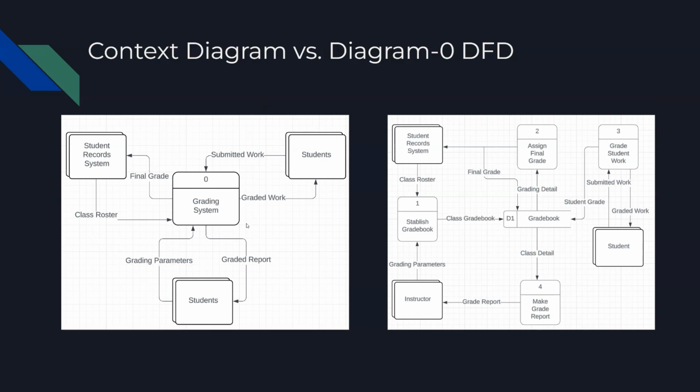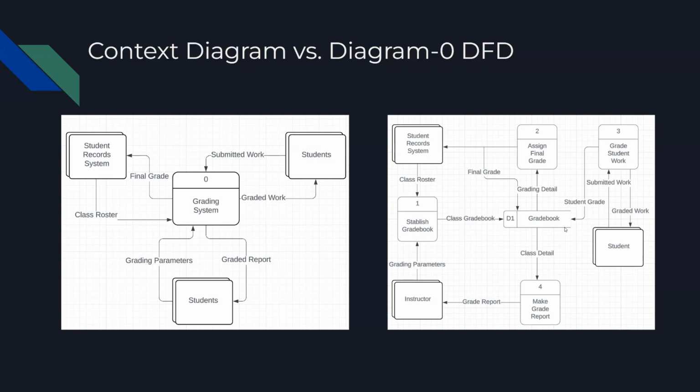A data flow diagram 0 here provides a detailed overview of the system, highlighting major internal processes, data flows, and data stores. As seen here, it is a little bit more complex than the context diagram.